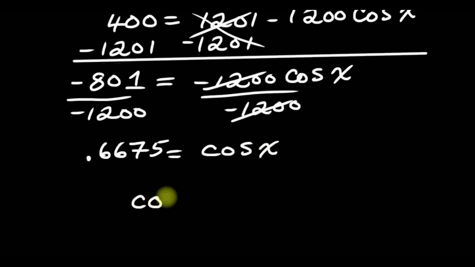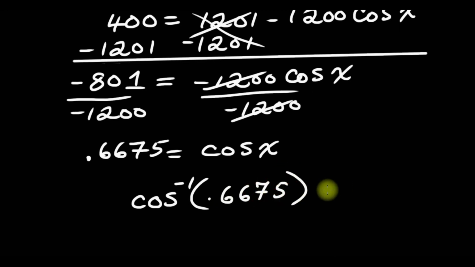So here it's going to be arccosine of 0.6675. Okay, and that is going to give us x. Okay, so here x is going to be 48.1 degrees.